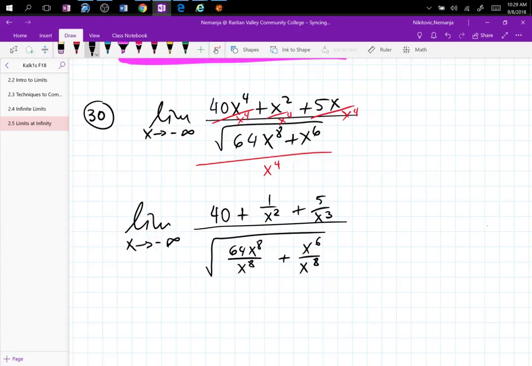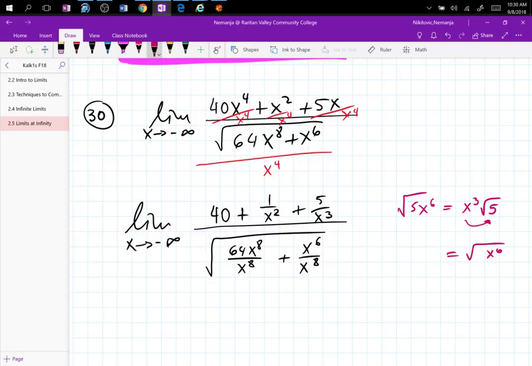Let me just put this on the side, just in case you are not seeing it yet. Guys, when you have a square root of, let's say, 5x to the 6, this is equal to x cubed root 5.